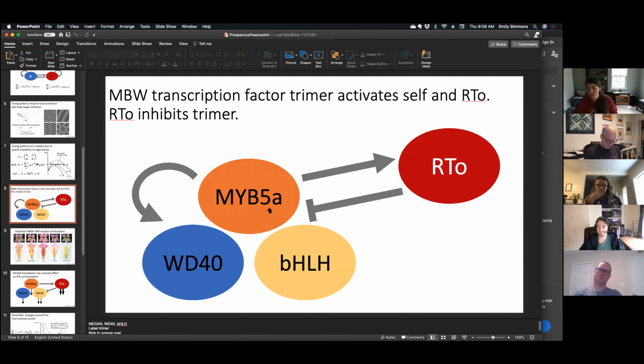Negan, if you read, is the specific transcription factor or the specific form of MYB that we have in Mimulus guttatus. And I forget what it's called in Lewisii. So Negan stands for nectar guide anthocyanin. So we're specifically talking about the MYB protein, which is acting in the nectar guides of the flowers.